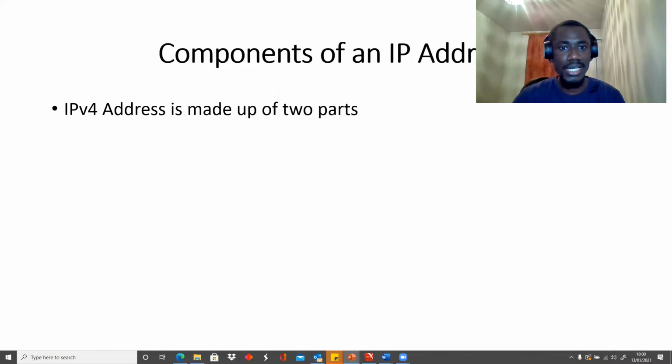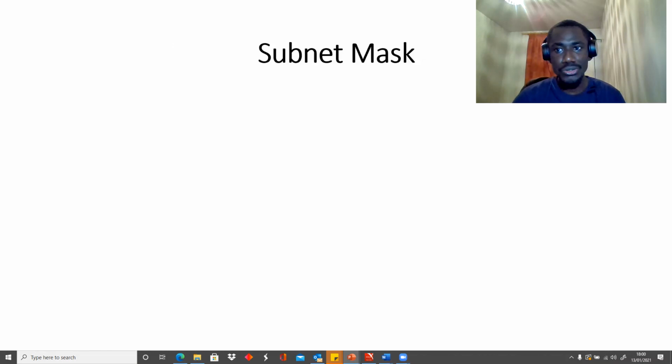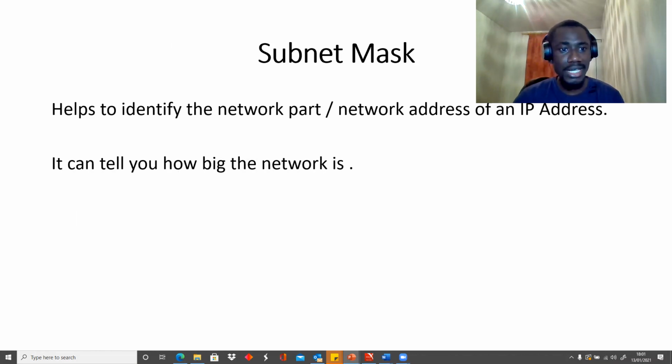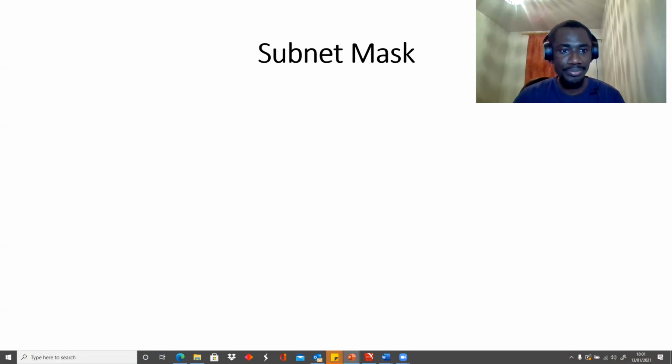So we said IP addresses are made up of two parts, the network part and the host part. We also saw what subnet masks were. We said subnet masks help us to see which part of the IP address belongs to the network part. And for that reason, we can do a reversal and see which one will belong to the host part. We also said that IP addresses can help us see how big a network is, and that will be discussed in subsequent videos.